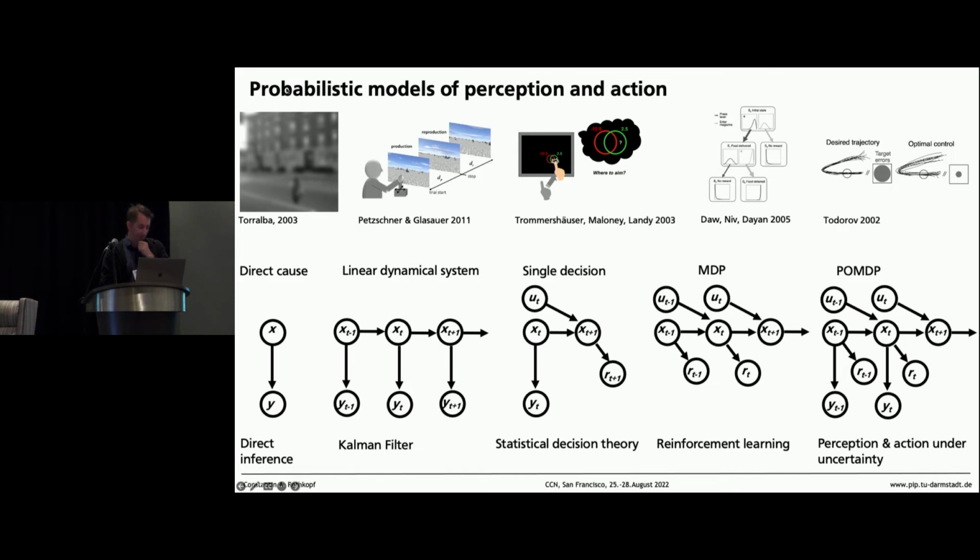If you have something like a Kalman filter, you're doing only inference. It's not clear what you should actually act upon or what the costs and benefits even are. In MDPs, many of you may be familiar with the exploration-exploitation dilemma, where it's about, well, how should I pick an action to learn more about the environment, and how should I use what I already know?